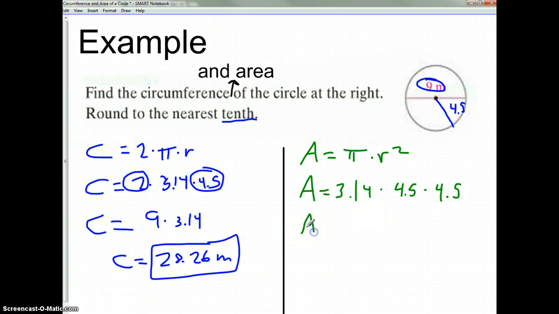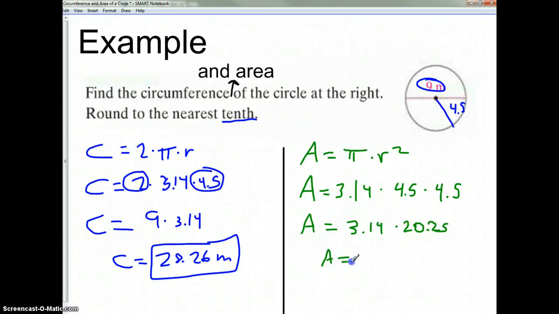I'd like to simplify that r squared first, so 4.5 times 4.5, and we get 20.25. So it's going to be 3.14 times 20.25. That is the last thing that we need to punch in: 3.14 times 20.25.